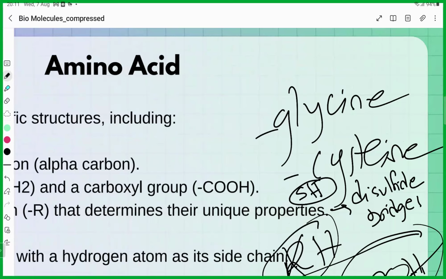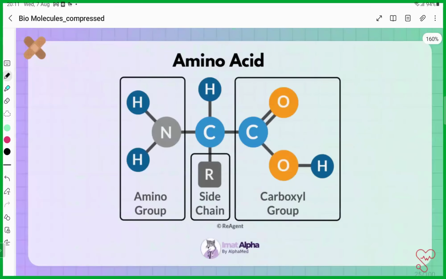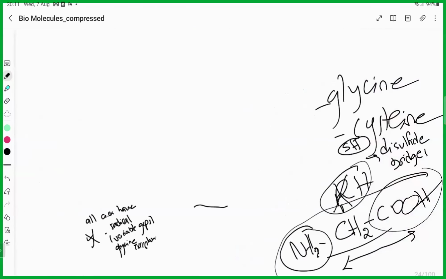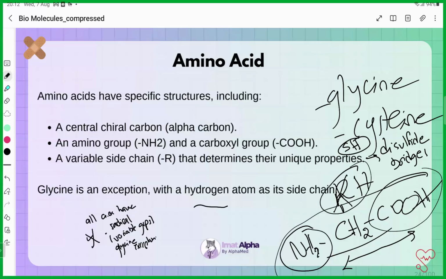So what you should know about amino acids in general is that some of them are polar, some of them are non-polar, some of them are positively charged, like ionic, some of them are negatively charged, and some of them are non-polar aromatic.